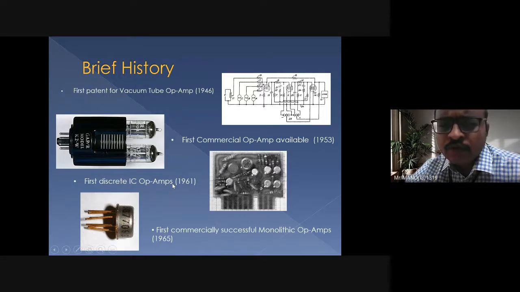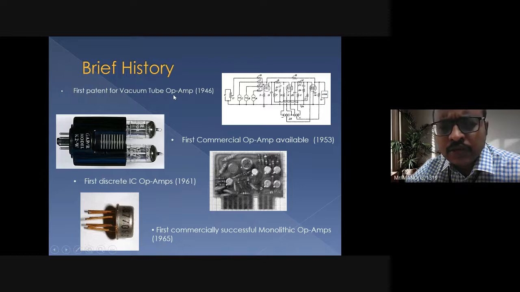Then we went on to the monolithic op-amps, and still now we have a lot of op-amps coming into play. But the era we have today started with monolithic op-amps from 1965 onwards. It's a long history, but it took its own traditional changes.